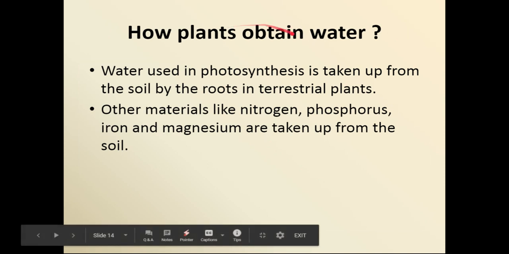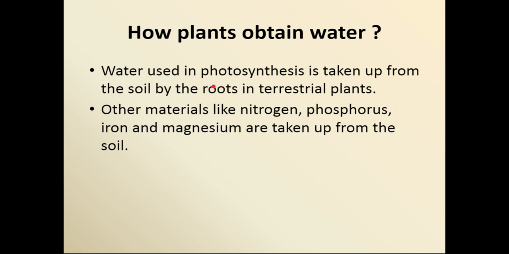Now, how plants obtain water. Water used in photosynthesis is taken up from soil by roots in terrestrial plants. As you know, plants absorb water by what kind of tissue? That is xylem, right? And other materials like nitrogen, phosphorus, iron, and magnesium are taken up from the soil.